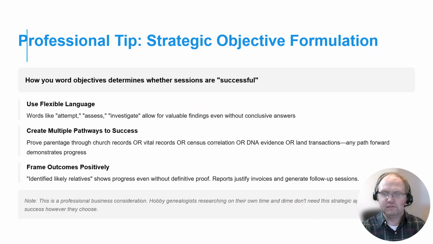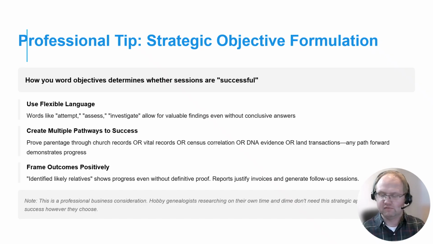As an example, your goal could be to identify relatives or likely relatives of that particular John Smith you're looking for. If you don't definitively prove all those relationships in that particular session, because many sessions are time bound, and the clock runs out, and you're done, you write up the report and present your findings, which you probably should do, make them time bound anyways, but that's a topic for later.